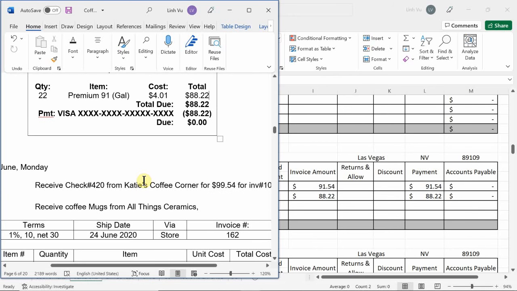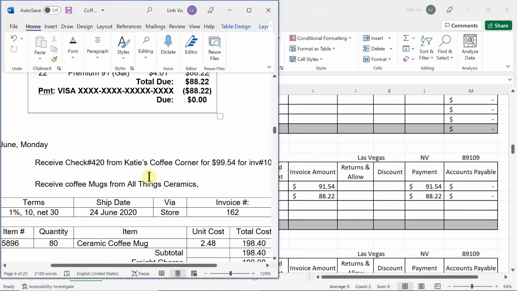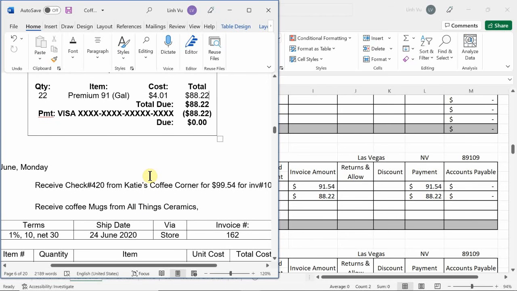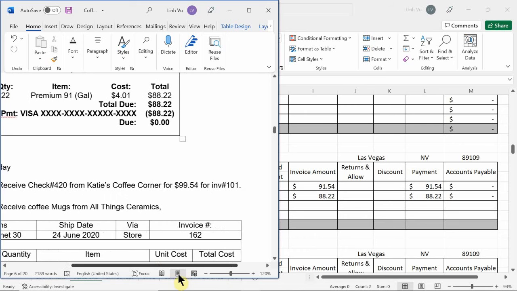Okay. So now it is finally Monday. Yay, Monday. Now it says receive a check from Katie's Coffee Corner for $99.54 for invoice number 101.